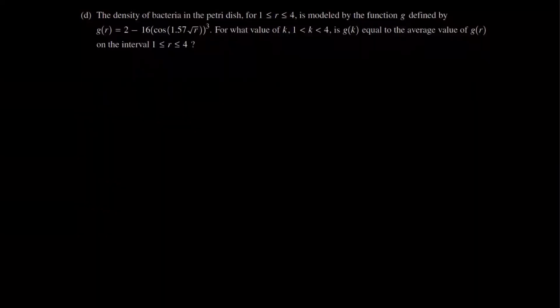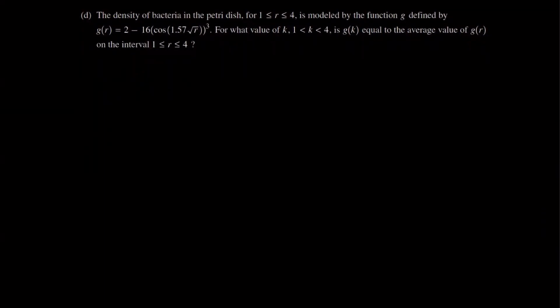In this part of the question, we are given the explicit form for the density of bacteria in the Petri dish, which is G of r equals 2 minus 16 times cosine of 1.57 square root of r, cubed. And then the question is, for what value of k between 1 and 4, G of k is equal to the average value of G of r on this interval from 1 to 4.